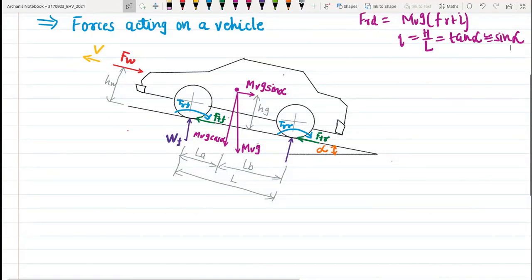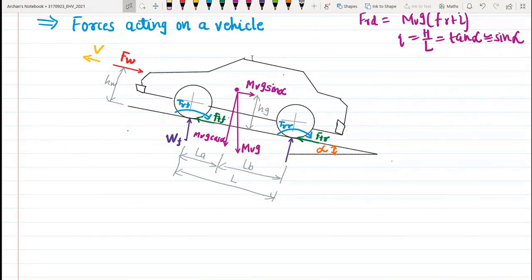Then we have aerodynamic drag here, given by FW, and the grading resistance, which is equal to mv g sin α. So these are the three resistances.